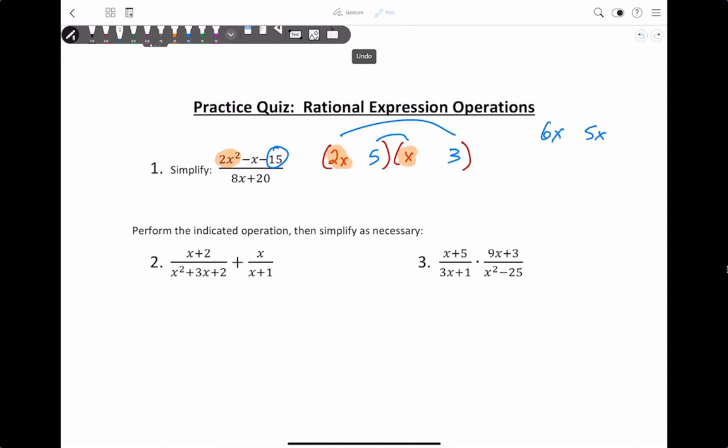So again, 6 and 5 are the numbers that are created, and when I add, I can get an 11 or a negative 11. And if I subtract, I could get a 1 or a negative 1. Well, a negative 1 is what I want because that's right here. So all I have to do is choose wisely which one gets the positive and which one gets the negative. The bigger piece is going to get the negative, obviously.